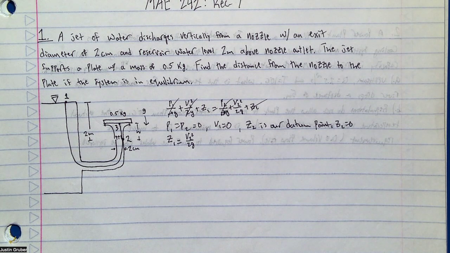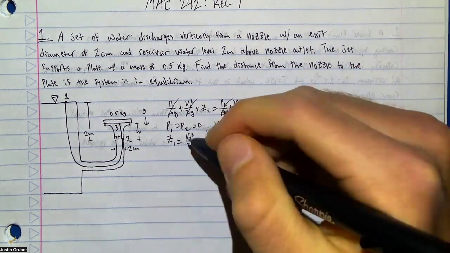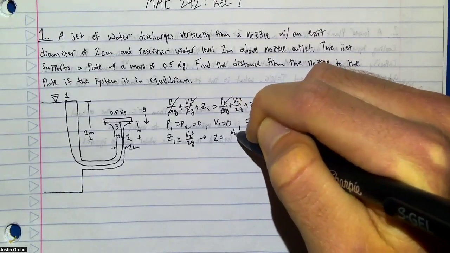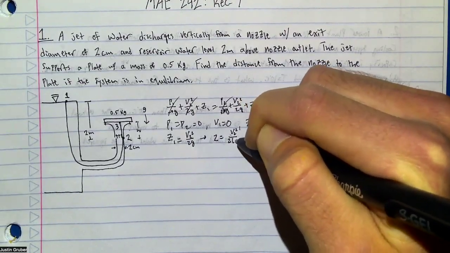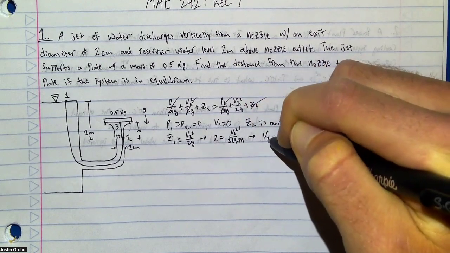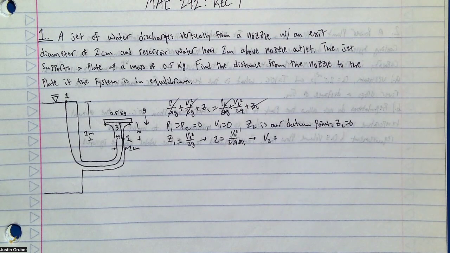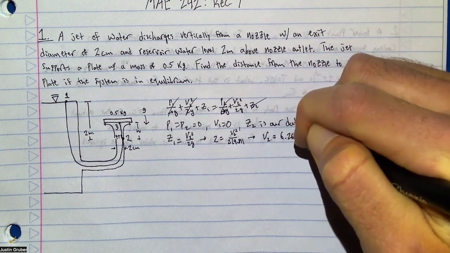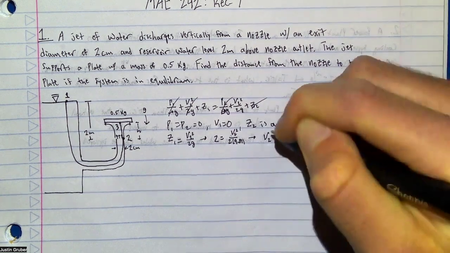You know Z1 and you know g. g is just gravity. So we can say 2 equals V2 squared over 2 times 9.81. Solve for V2, get V2 equals 6.264 meters per second. Cool.